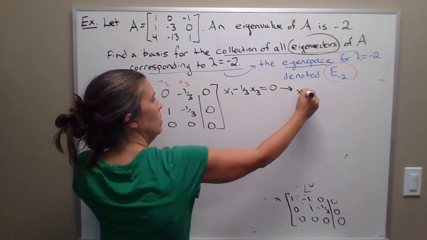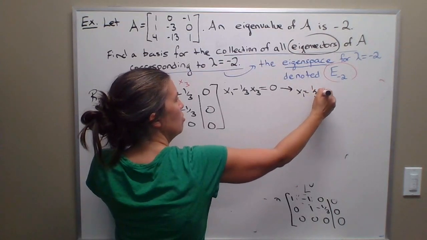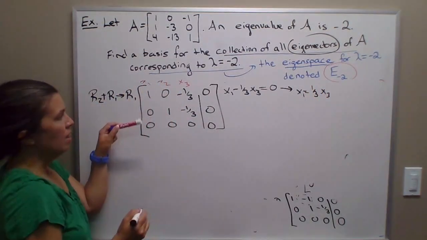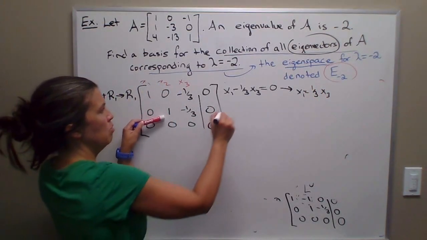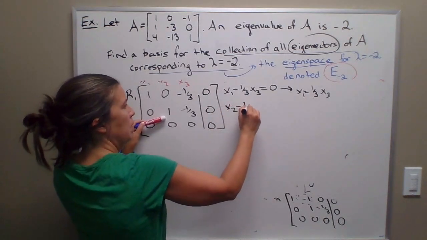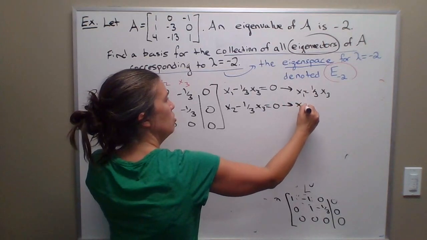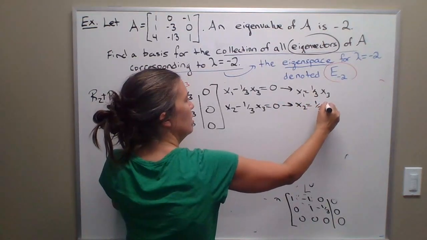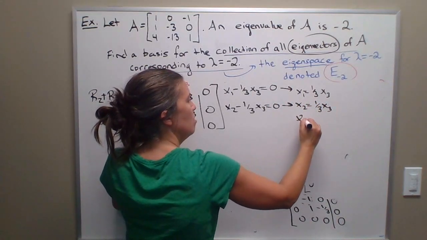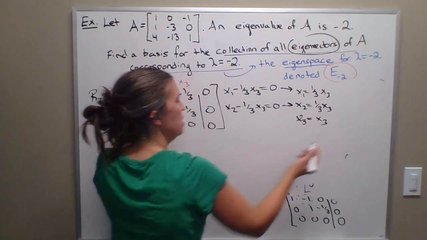So x1 is equal to 1/3 x3. And then 0x1 plus 1x2 minus 1/3 x3 equals 0. So x2 equals 1/3 x3. And x3 is a free variable because it can be whatever it wants to be.